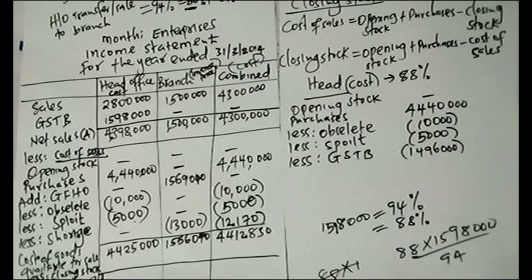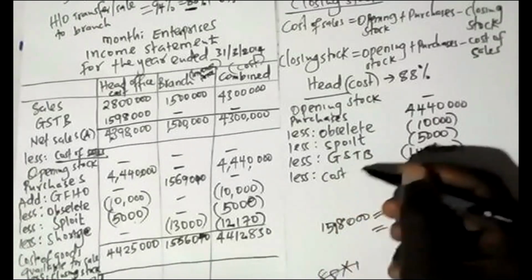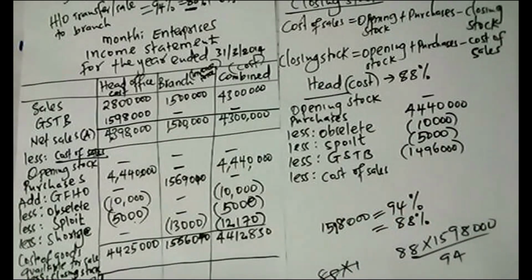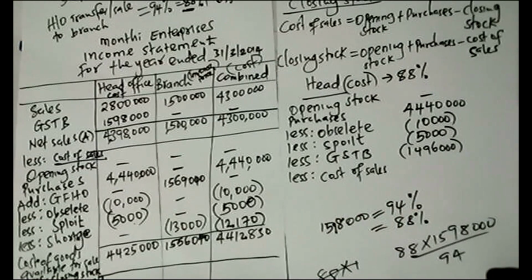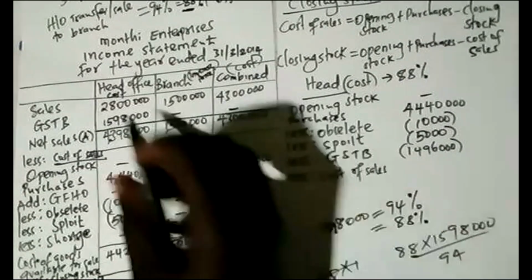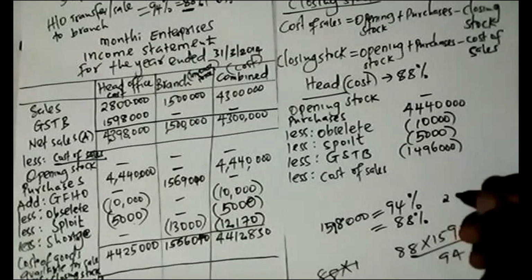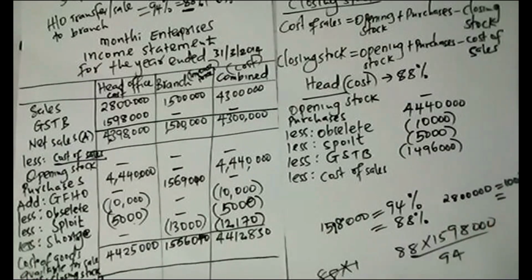Then finally, you have to raise cost of sales. So under cost of sales, we use the sales, and the sales for the head office is 2.8. So 2.8 sales is at 100%. So we need which percentage?